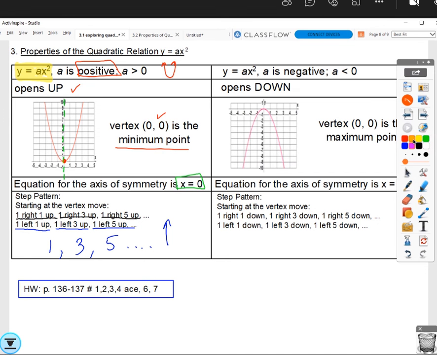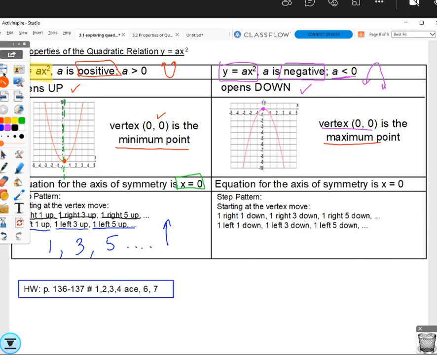Now, when we're dealing with y equals ax squared, and we have a negative a value, like the a value is less than 0, this thing's going to be sad. It's going to be opening down. The vertex is still 0, 0, though. It's right there. But now it doesn't produce a minimum point, because this thing is facing downward. This is actually the highest point on the parabola. So we call it a maximum point. The equation for the axis of symmetry is still x equals 0, because it hasn't really moved left or right.